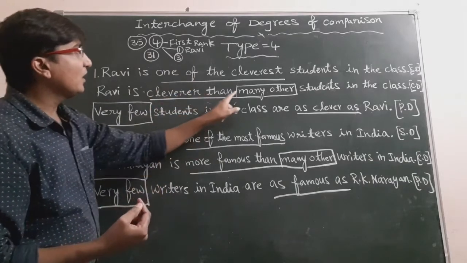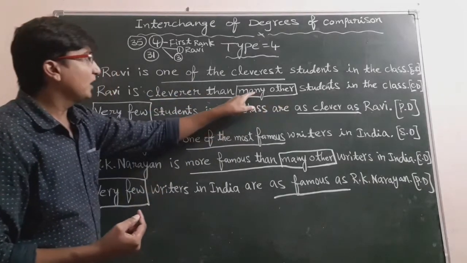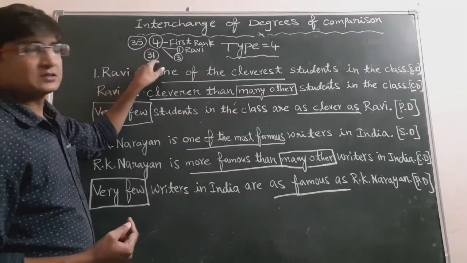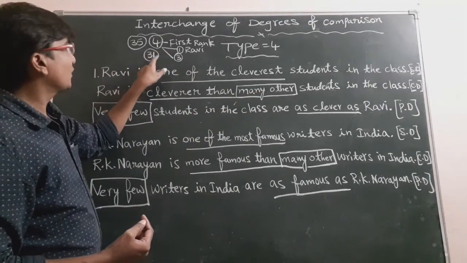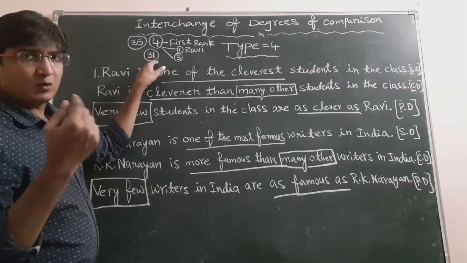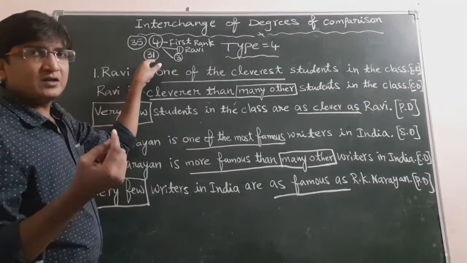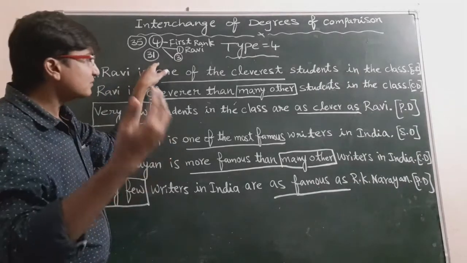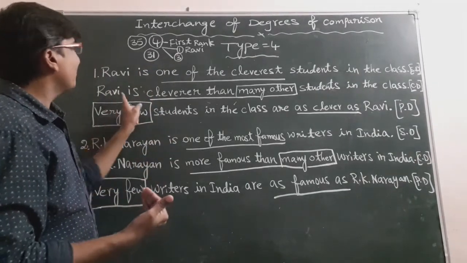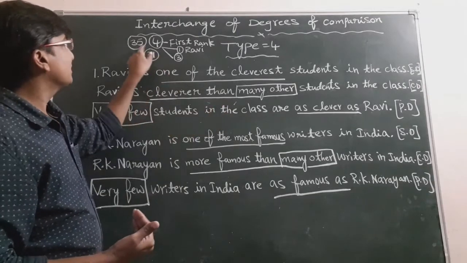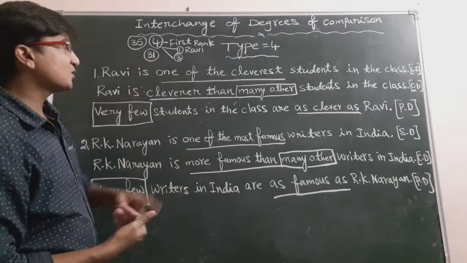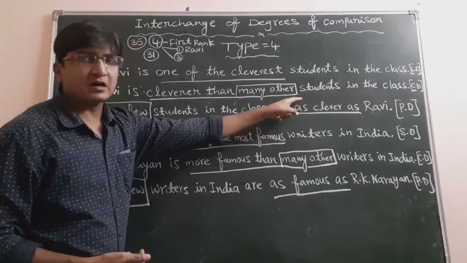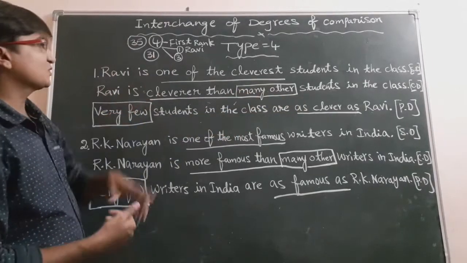And now here many other students. This many other represents this number 31. So the number 31 is more, it is many. So that's why here we are comparing Ravi with the other remaining 31 students. Ravi is cleverer than many other students in the class. So here many other means 31 students.